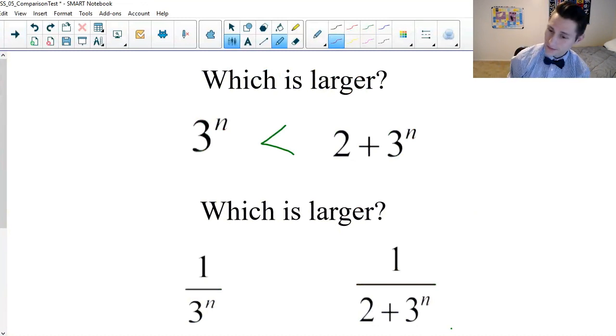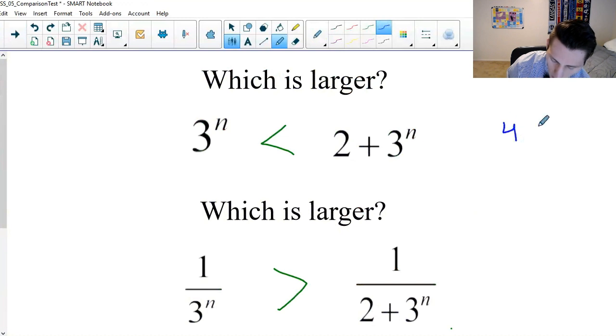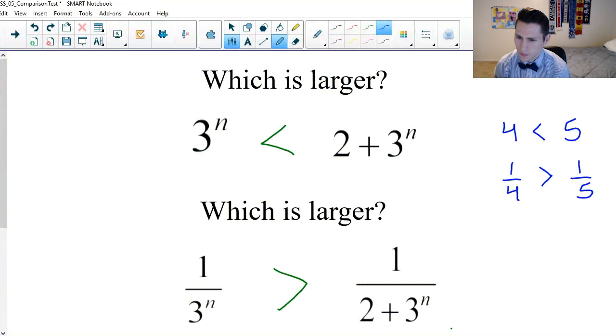But when we think of that as a fraction, the reciprocals are the other way. The larger denominator means a smaller fraction. Just as 4 is less than 5, but 1/4 is larger than 1/5. Or at least that's what RJ told me whenever his chat was working.